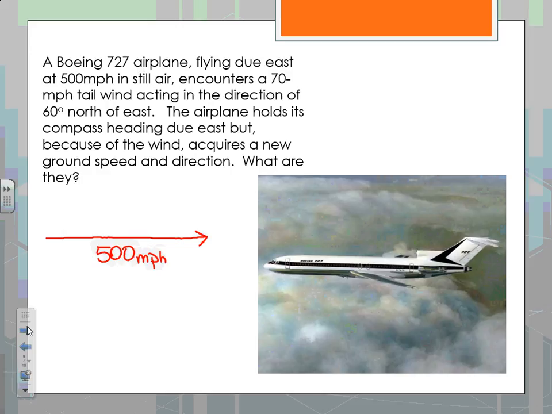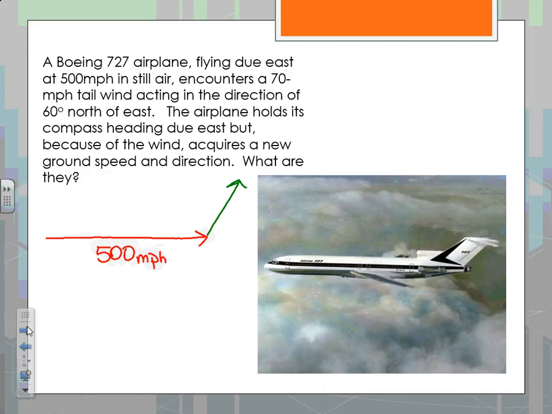60 degrees north of east means what? It means that if you drew a line horizontal, and then drew a line 60 degrees to it, like that.